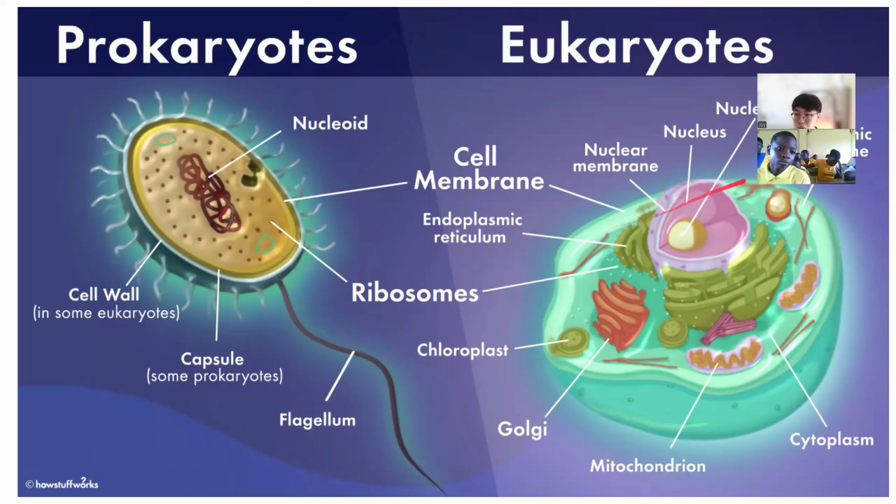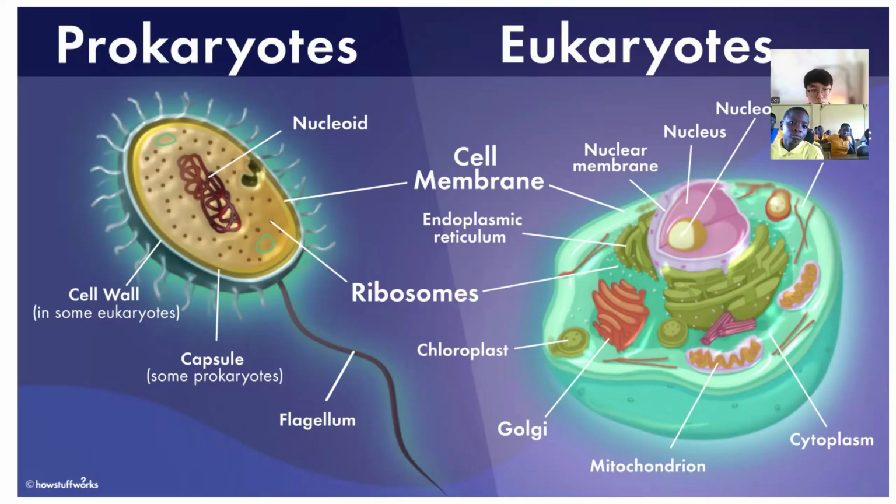Before we get into DNA specifically, I wanted to clarify the difference between certain cells. A cell can be one of two types: a prokaryote or a eukaryote.